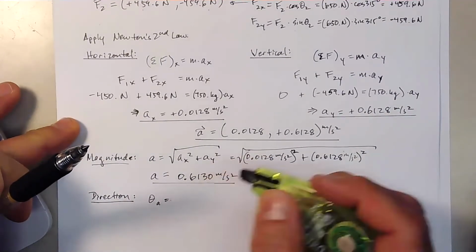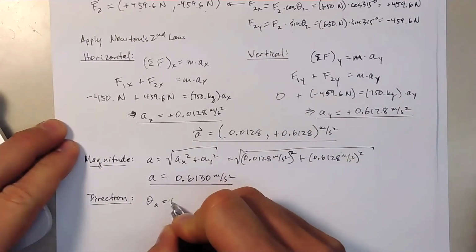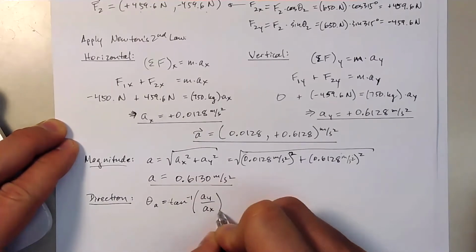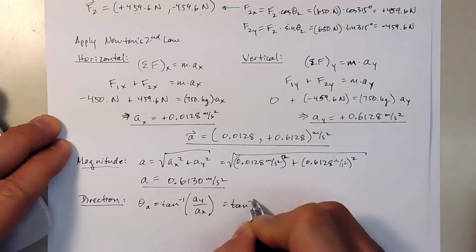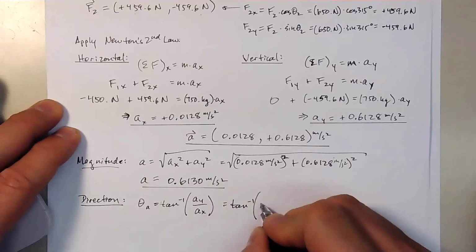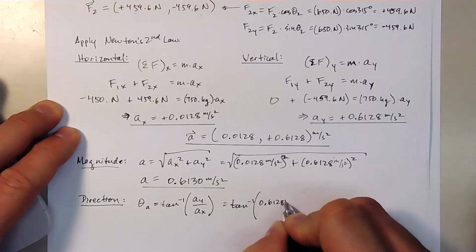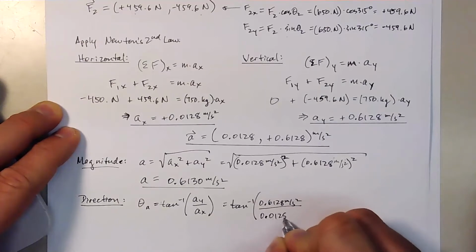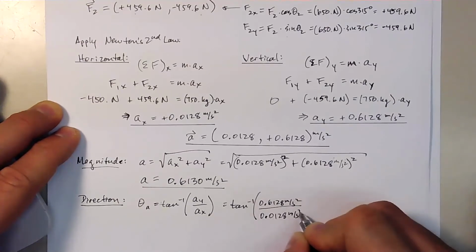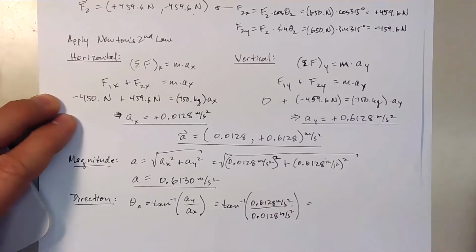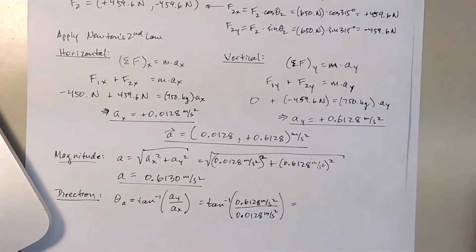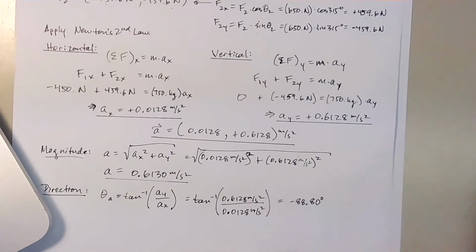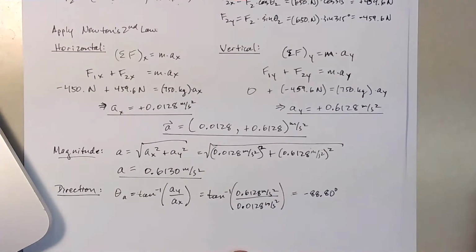The direction is going to be the inverse tangent of the y component over the x component. I asked my calculator what that is, and it tells me the answer is 88.8 degrees, negative, pardon me, 88.8.